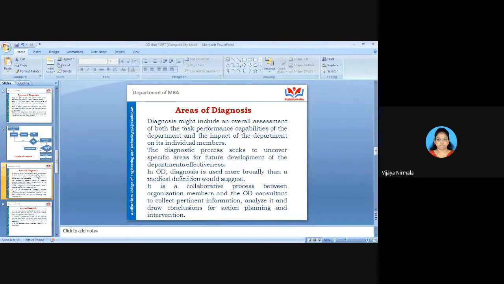So the diagnostic process seeks to uncover the specific areas for future development, to make the department effective. So diagnosis is used more broadly than a medical definition would suggest. It means that this areas of diagnosis is a collaborative process.